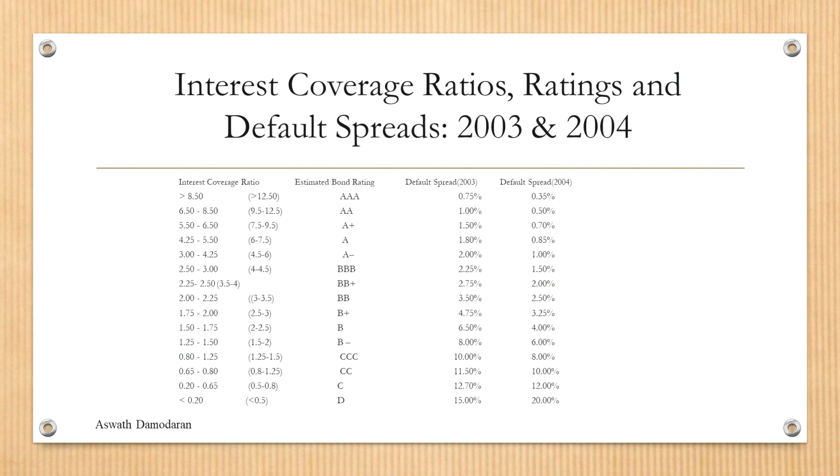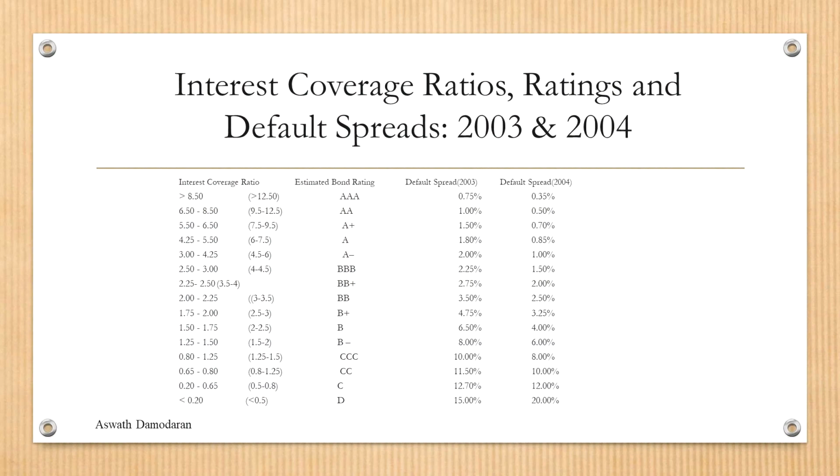For example, for single A rated bond in year 2003, the default spread is 1.8%. For triple B rated bond, the number is 2.25%. For triple C rated bond, that is 10%. So the lower the bond rating, the higher the default risk. The cost of debt equals risk-free rate plus default spread.